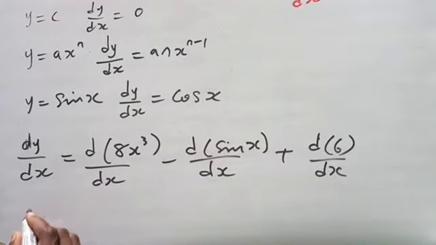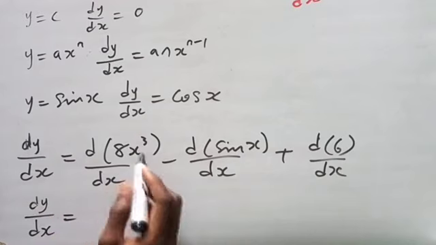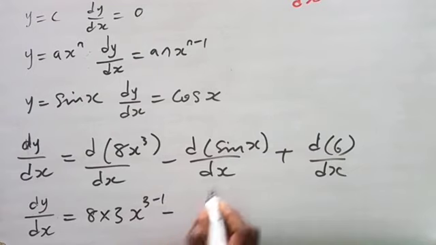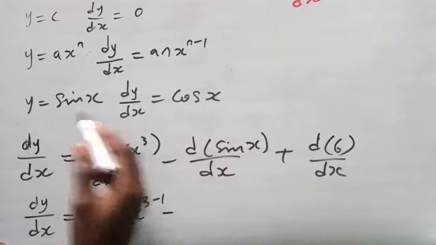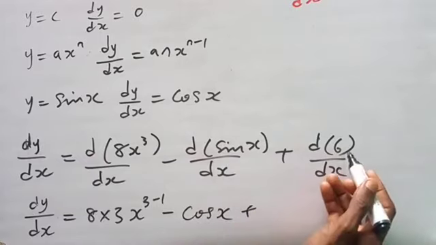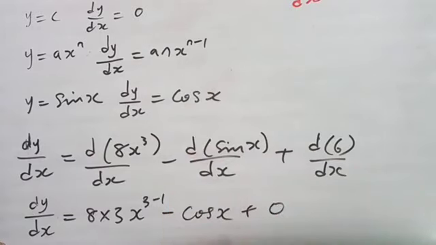So this will now become dy/dx equals 8 times 3 x raised to power 3 minus 1, minus the derivative of sine x, which is cos x, plus the derivative of a constant, which is 0, so plus 0.